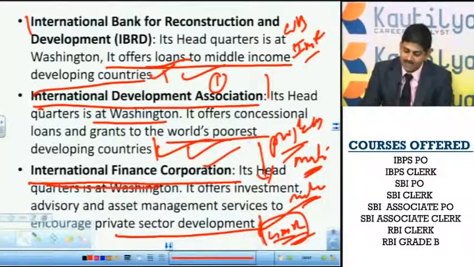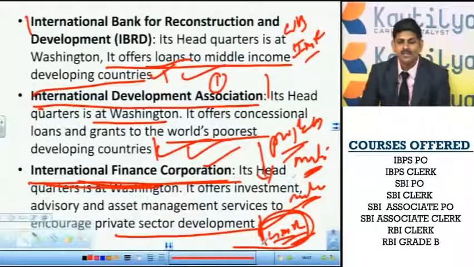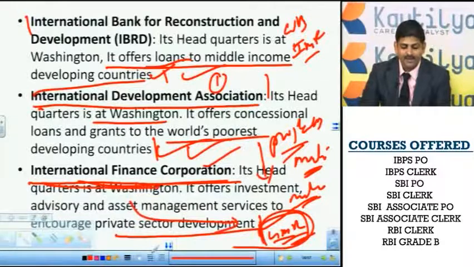GMR is a private company, and this private company sought the help of the International Finance Corporation in the construction of this airport. So a private company is getting money directly from the International Finance Corporation.